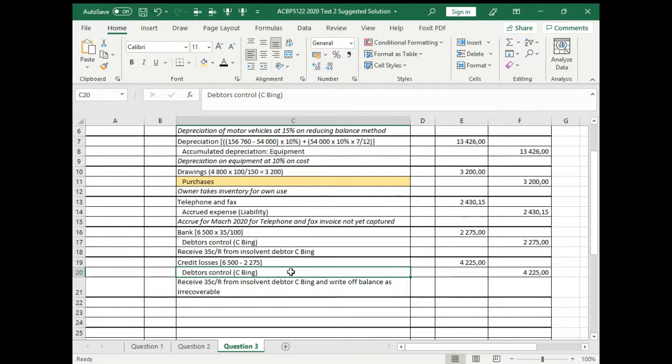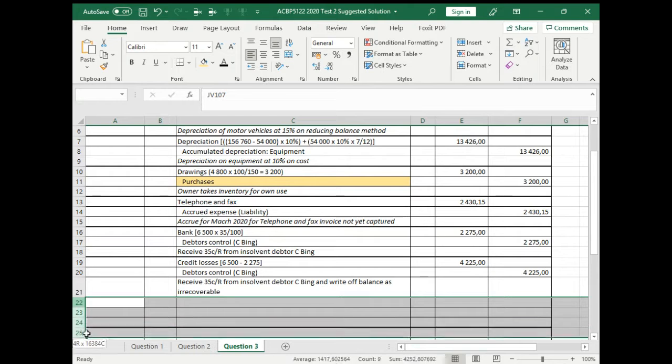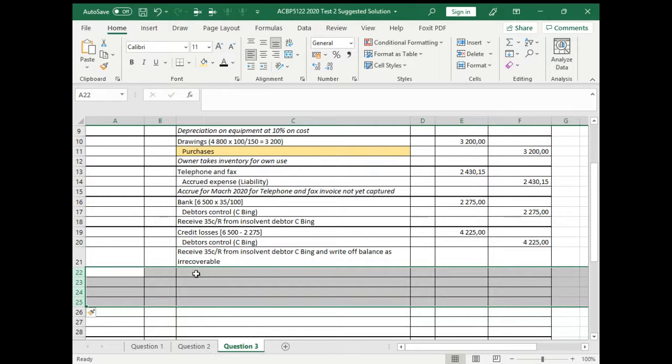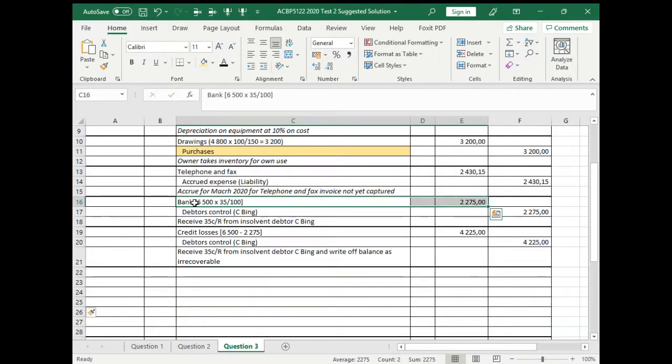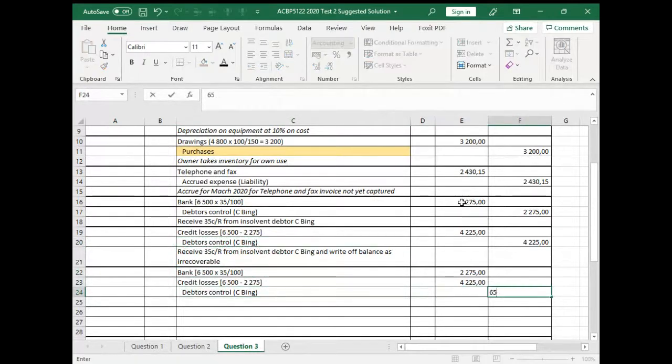Now, if I say you could have done it as one, it would have looked as follows. So I'm just going to show you if you do it as one entry. Then you would have done bank for this amount. So if you combine it as one entry, you would do bank, you would do your credit loss for 4,225, and then you would credit your debtors control with the full 6,500.